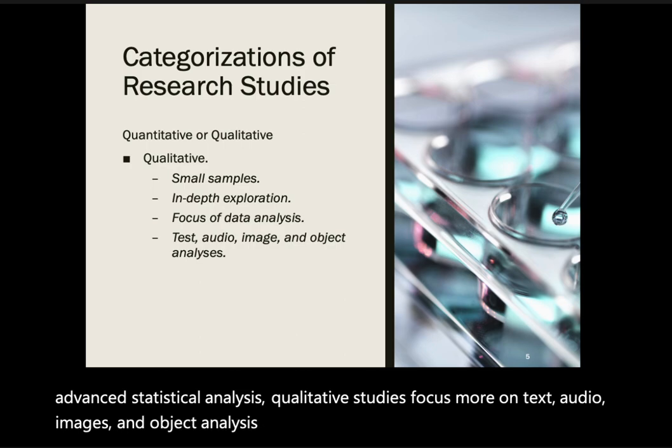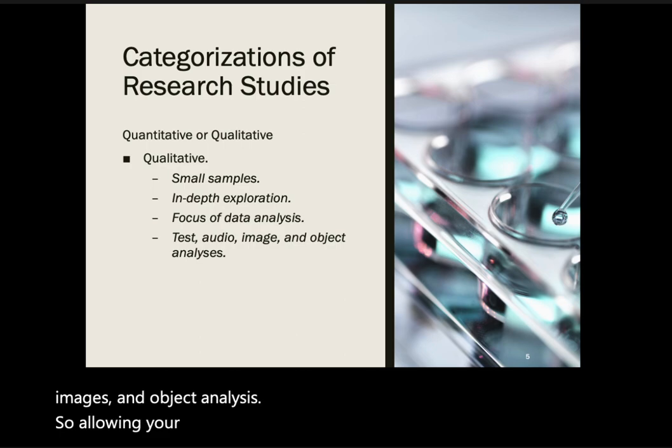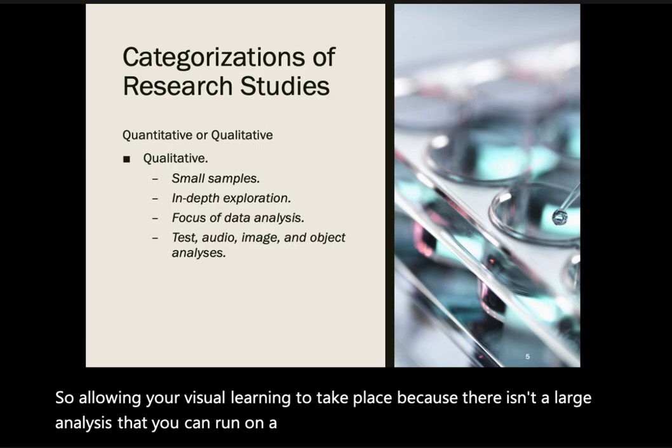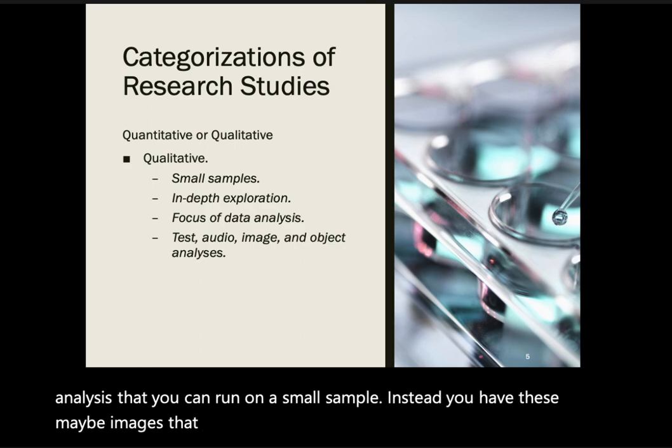So allowing your visual learning to take place because there isn't a large analysis that you can run on a small sample. Instead, you have these maybe images that will represent as much of your data as possible in a smaller way.